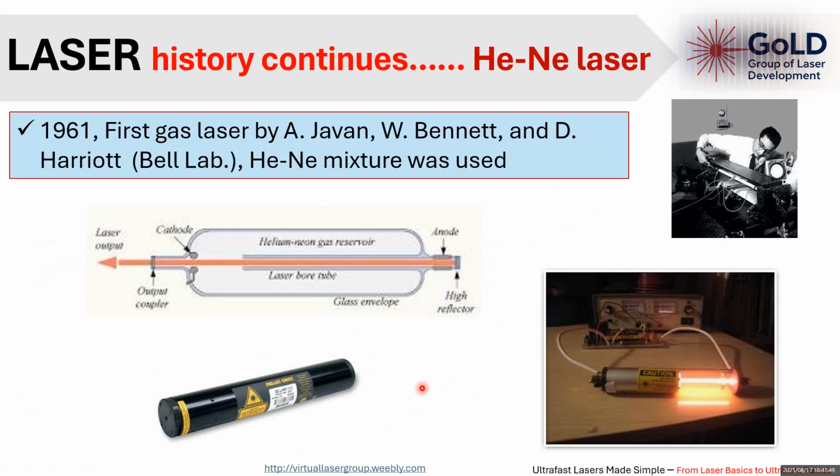Even the students from Pakistan, I think they must have seen this. When it glows, it looks like this. It has a tube, and inside the tube the mixture of helium and neon is filled with a certain percentage. This was invented in 1961. The helium neon laser is not a pulse laser; it's CW, continuous. It generates the laser continuously.